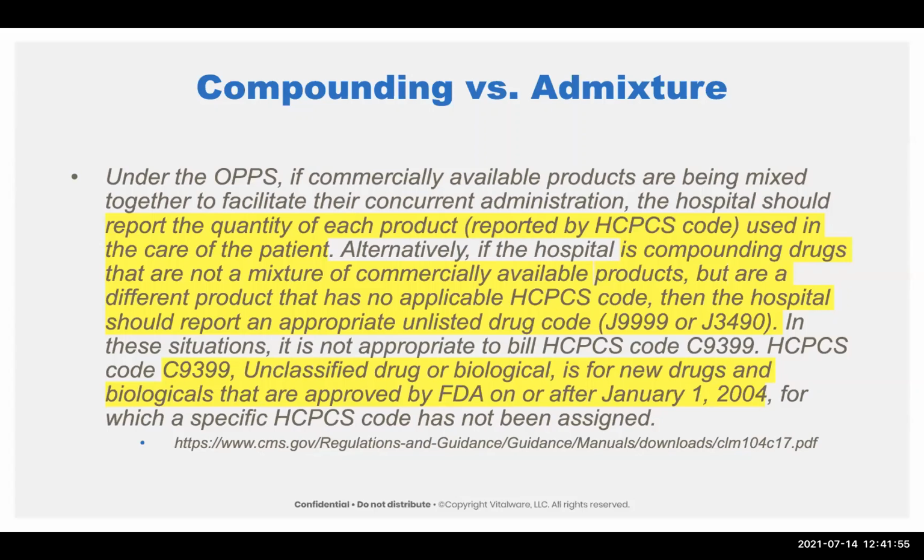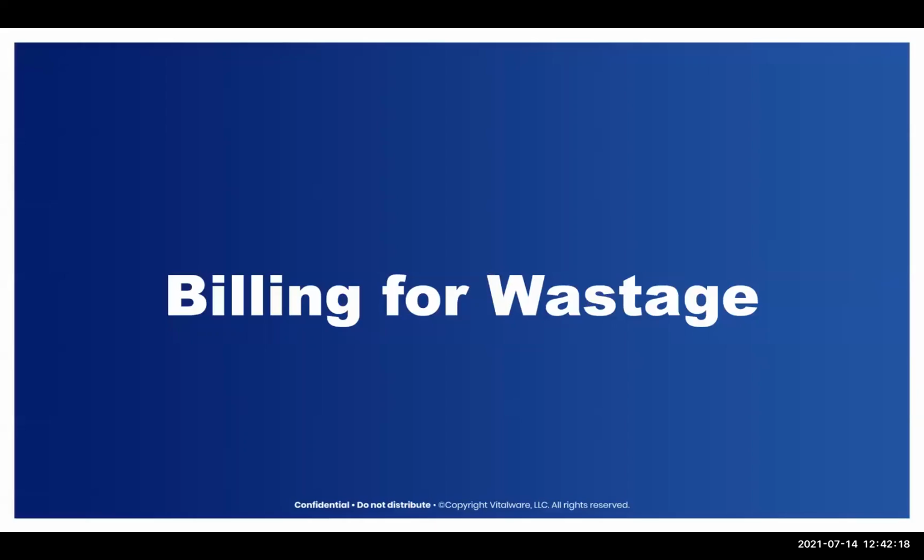So if it's a brand new drug after 2004, you can get away with C9399. If, however, it's not a new drug and it's known to people before then, use the J code. And if you're just mixing the two together, let's go ahead and make sure you have the two charge lines. And this is something I frequently see, where they're not getting two charge lines.